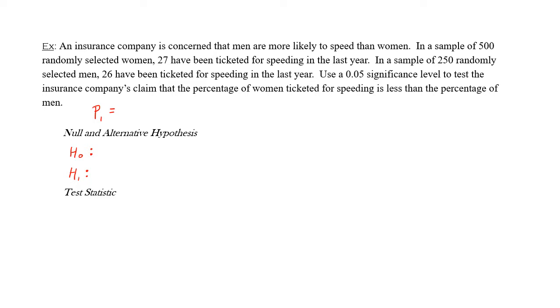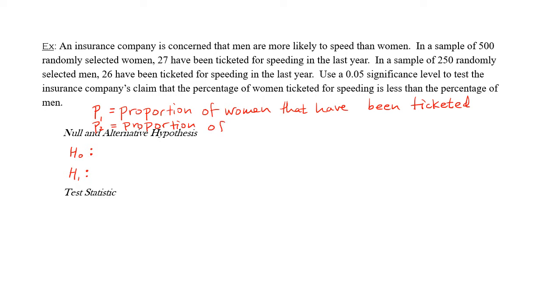So let's let P1 be the proportion of women that get speeding tickets. And then we'll let P2 be the proportion of men that have gotten speeding tickets.